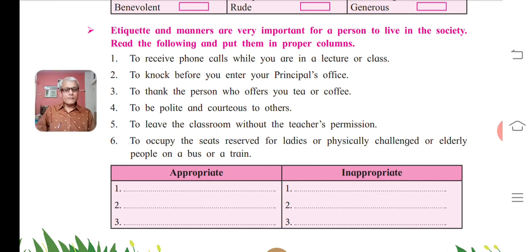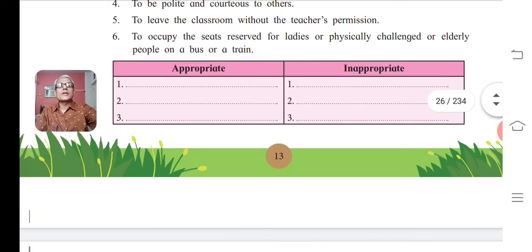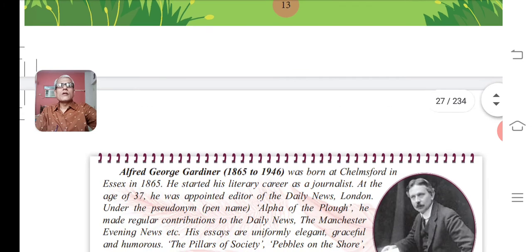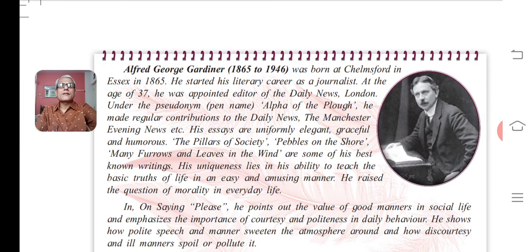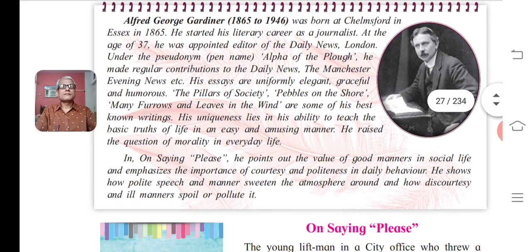Now we have finished all the activities from the icebreakers of the lesson on saying please. Now let's go to the introduction of the writer and the lesson. I will read this introduction for you, and I will also explain it at certain places.